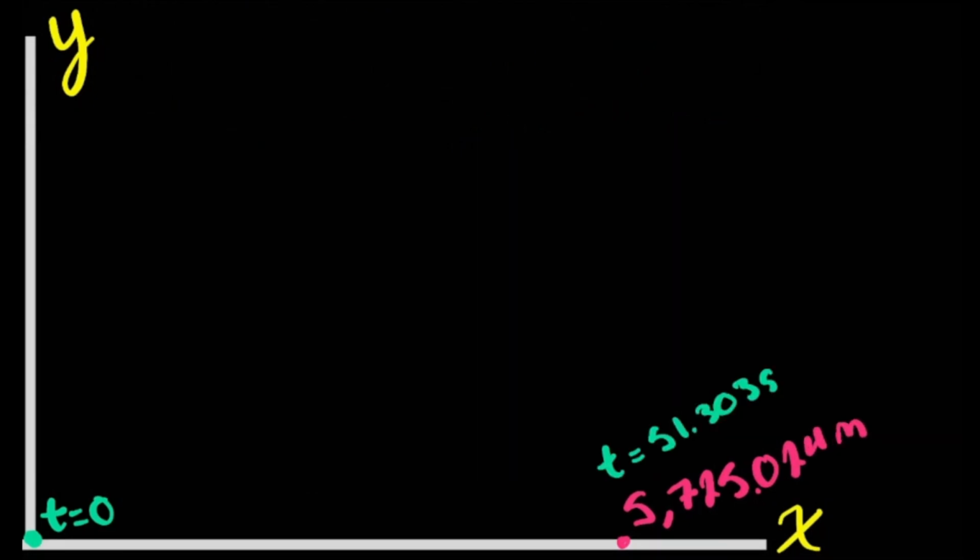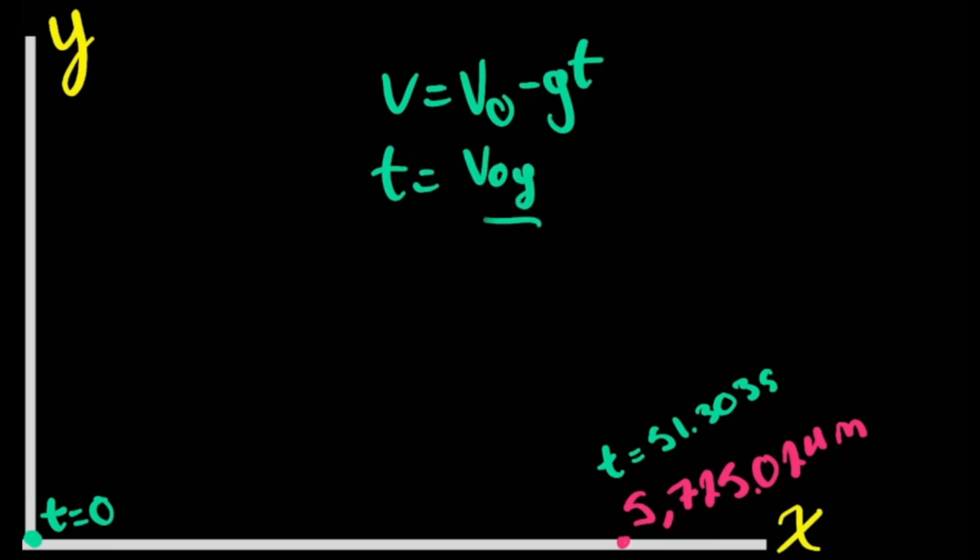To get the apex, we have to find the point in time that the y velocity is 0. To do this, we can remodel the equation v equals v initial minus gt into the equation t equals v initial over g. Logically speaking, this value can often be estimated.